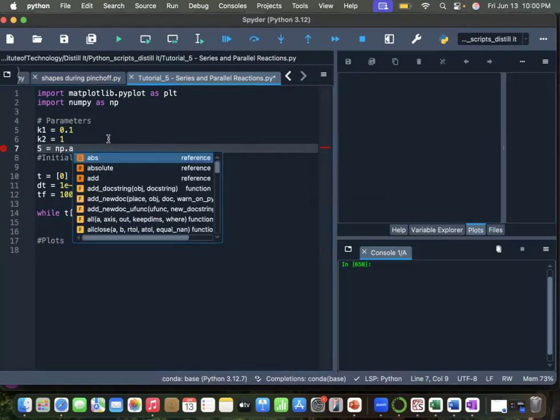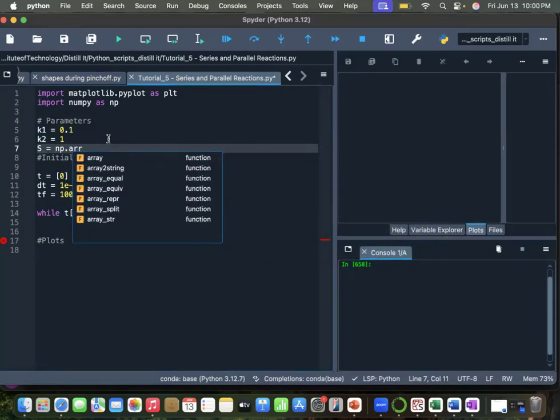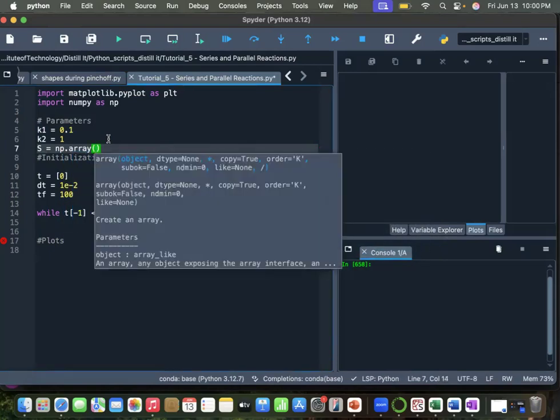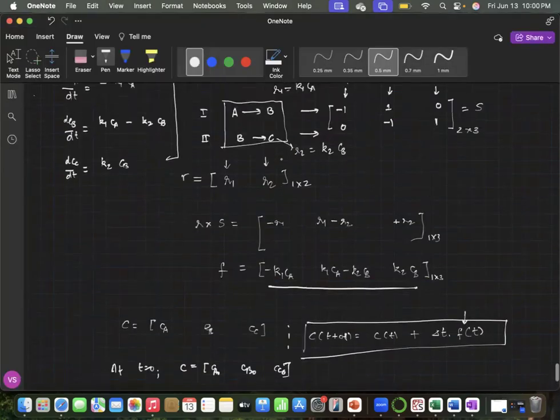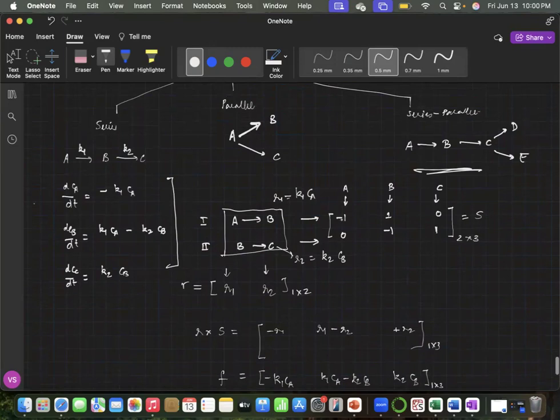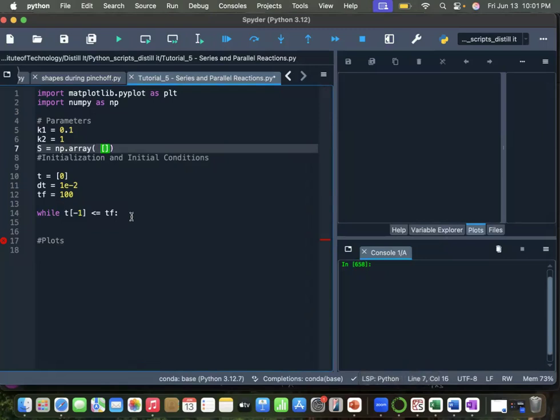So we could have this as np.array. And now remember, since this is the system that we are using, we'll have 2 rows and 3 columns. So basically it's going to be a 2-dimensional list that eventually becomes a NumPy array, right? So we are going to write it as the first row.